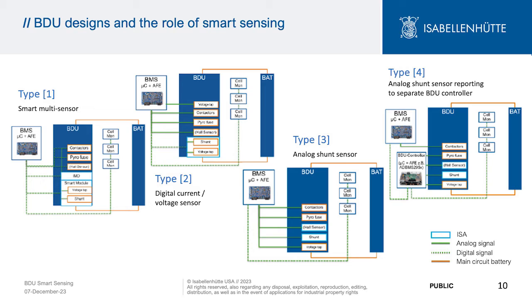So the difference here is that the analog shunt sensor would report to a separate BDU controller that itself would report digitally to the BMS system. So there would be a dedicated BDU controller that would have the analog front end for a shunt sensor and other sensing inputs from the battery disconnect unit.